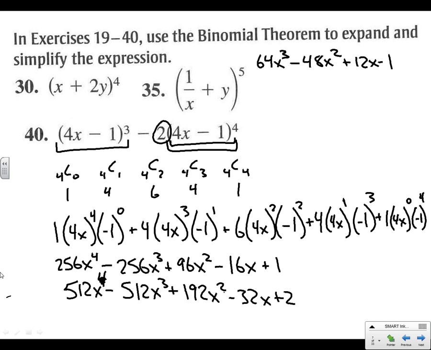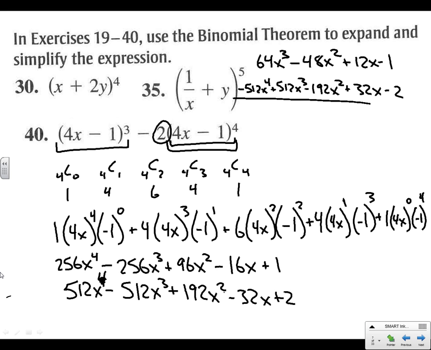So we're going to have the top line minus 512x to the 4th. And what happens when we minus a negative? We're going to add 512x cubed. And we're going to minus 192x squared. And we're going to add 32x. And we're going to minus 2.